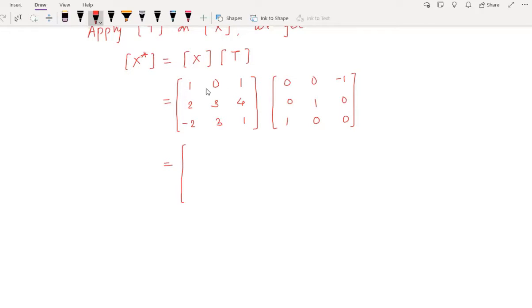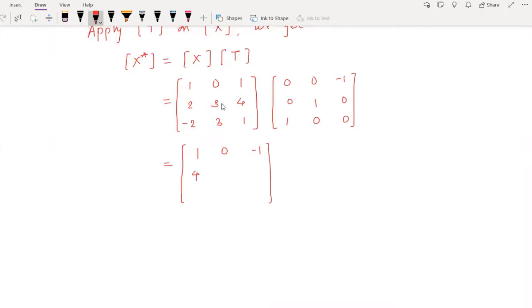First row, first column. So 1 zeros are 0, 0 zeros are 0, and 1 ones are 1. So 1 plus 0 plus 0 plus 1 becomes 1. And first row, second column, 0. First row, third column, 1 minus 1 is minus 1. Then 4. Second row, first column, 2 zeros are 0, 3 zeros are 0, 4 ones are 4.